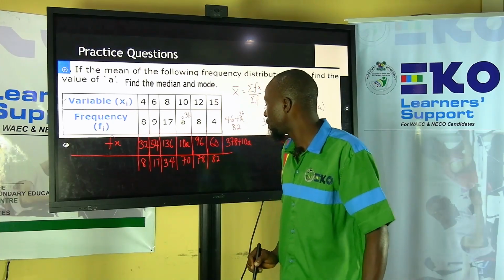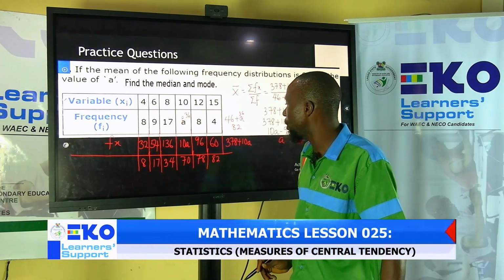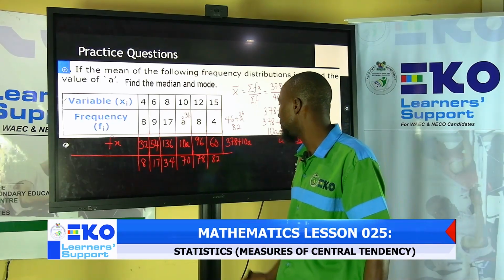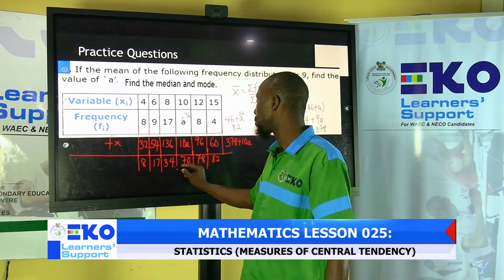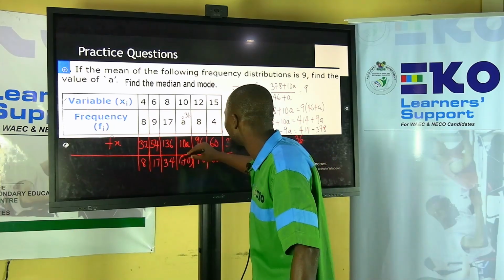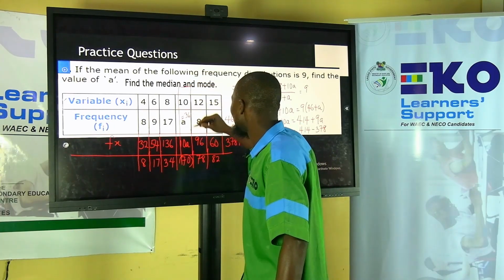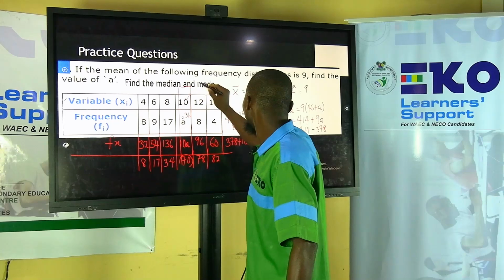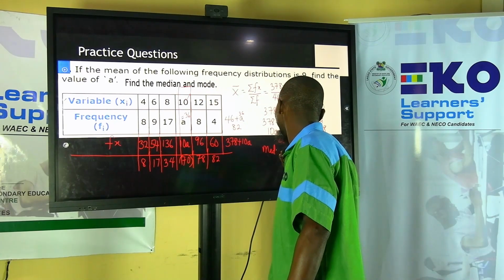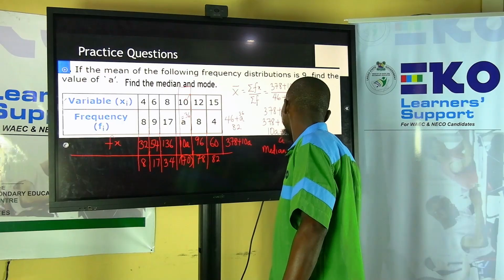So which is the least cumulative frequency that is greater than 41? This 34 is not up to 41, so 70 is the first. The class that has this is 10, meaning that the median is 10.